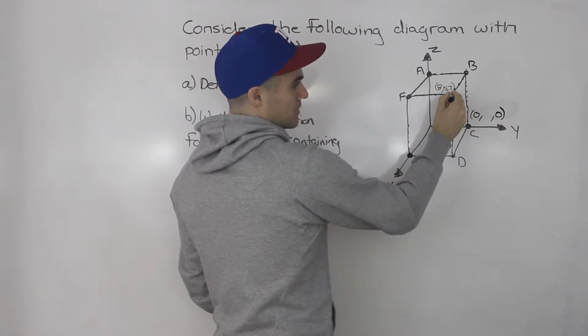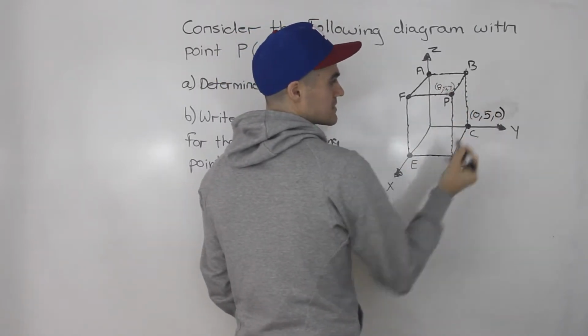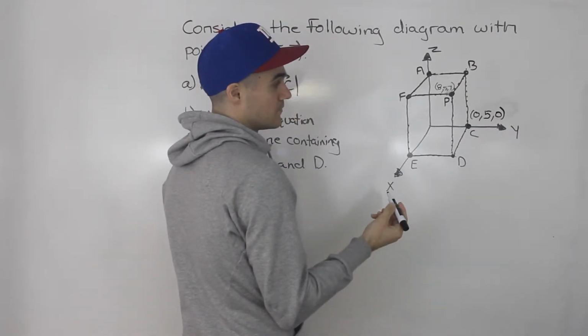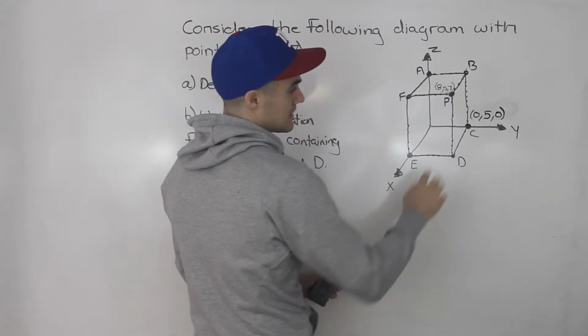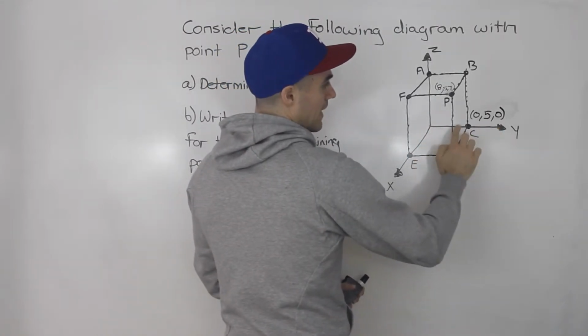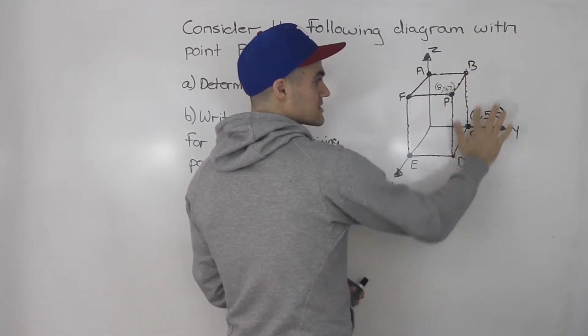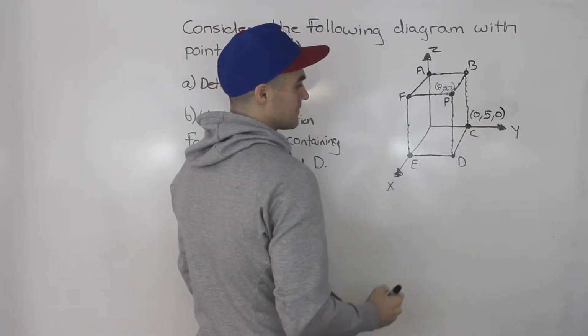And since point P has a y value of 5, then we know this is going to have a value of 5 as well for the y value. Right? So we know the y-intercept is happening at 5. So if you can see on this y-axis, this face that's sort of sticking out, all of the points have a y value of 5.